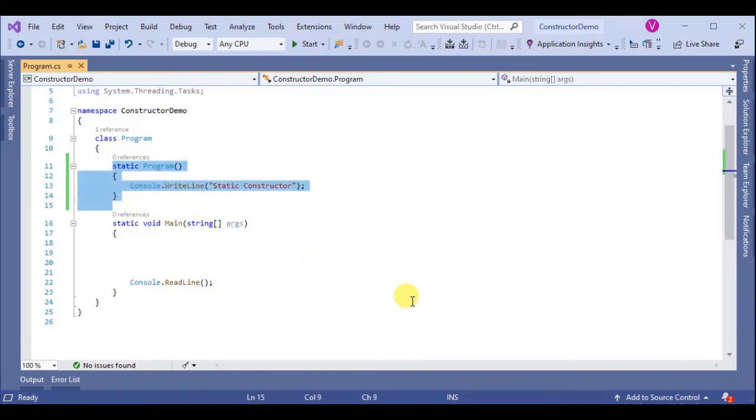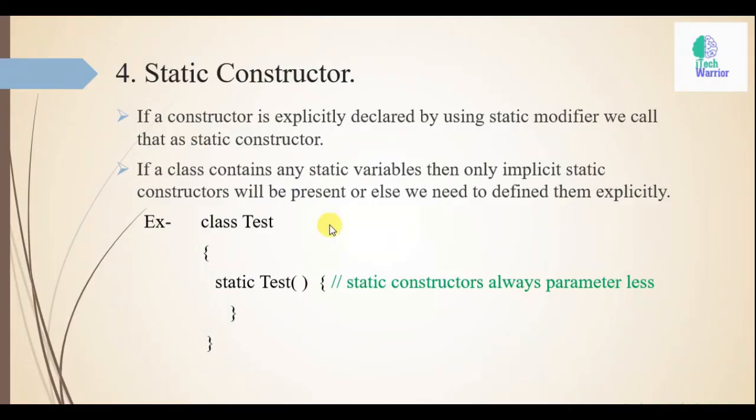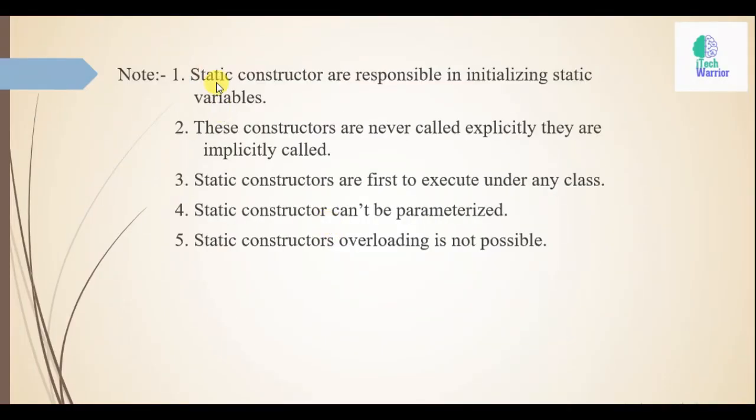Static constructor. So without creating an instance of the Program class, the static constructor executes. So some important points about the static constructor. Static constructors are responsible for initializing static variables, and these constructors are never called explicitly. They are implicitly called.